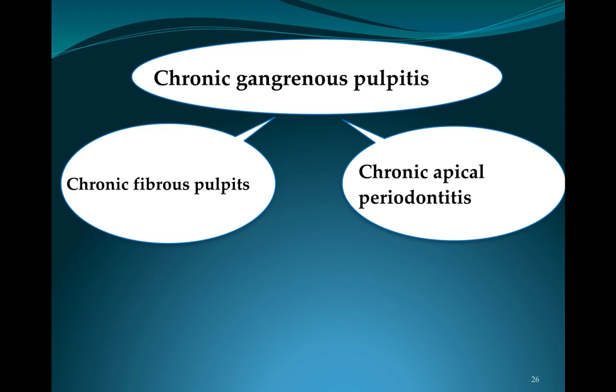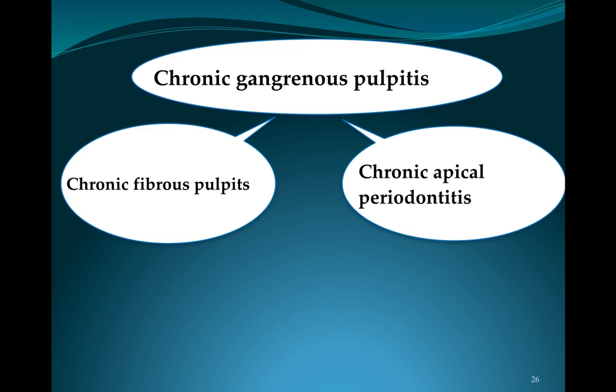That's why the tool doesn't react to probing. Then when chronic gangrenous pulpitis, pain may arise after action of hot or cold stimuli, a little bit of pain. But when chronic apical periodontitis, this pain is absent.